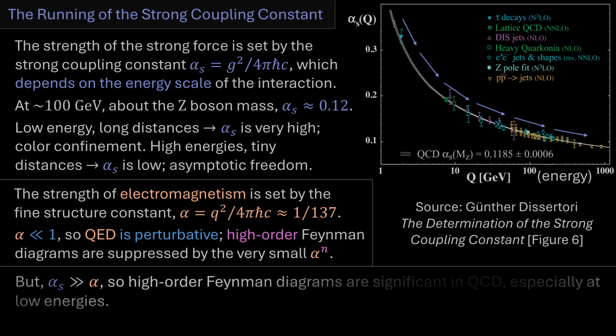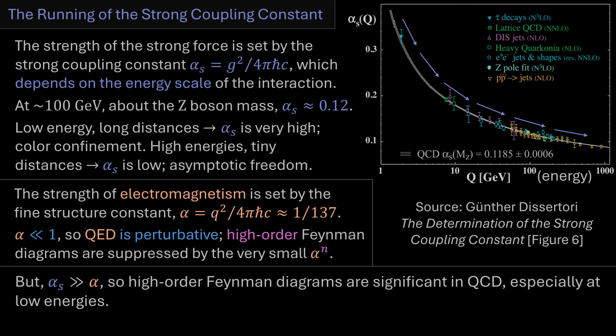However, the strong coupling constant, with its value of, say, 0.12 at 100 GeV, is about an order of magnitude bigger than the fine structure constant. And if you go to a lower energy scale, you get even higher values of alpha S. That becomes a problem, because in QCD, when you start busting out the Feynman diagrams, all of a sudden your alpha is not a tiny number, but something that sticks around longer and makes your higher order Feynman diagrams more and more relevant.